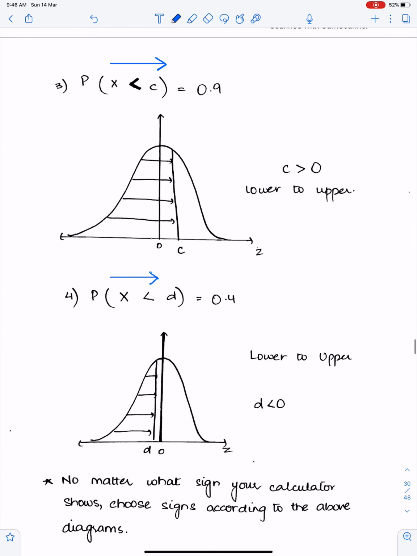Number 3, see, we have a lesser sign, so we have to shade from the lower tail towards the upper tail in this way, and the area is very large. This area is 0.9, so this must be here.